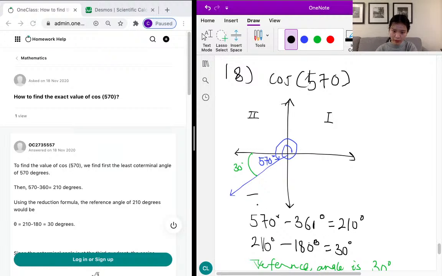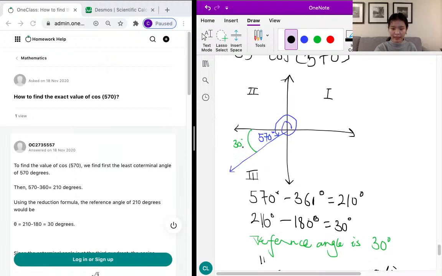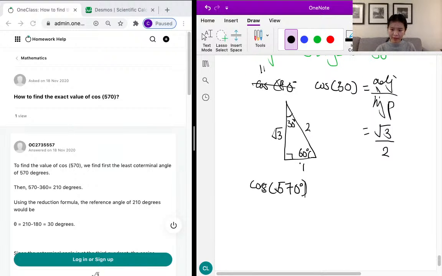In the third quadrant, the x values are negative on the unit circle, and the x values are the same as the cosine values. So the cosine values in the third quadrant are also negative. So the cosine of 570 is negative root 3 over 2, and that's our answer.